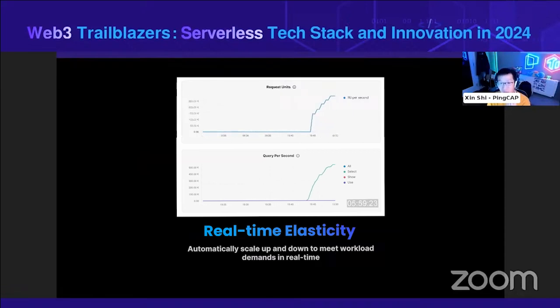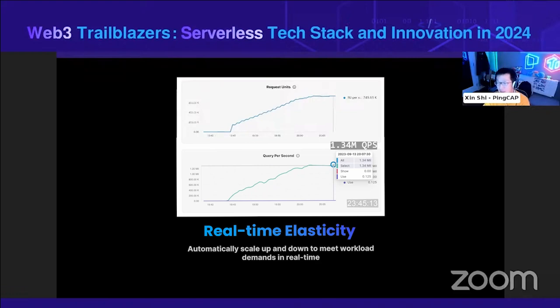We handle the real-time traffic. It shows how we automatically scale up and down to meet your workload demands in real time. So here you can see once we have a higher RU, request unit, and a higher query per second, it will automatically scale up to meet your workload needs.